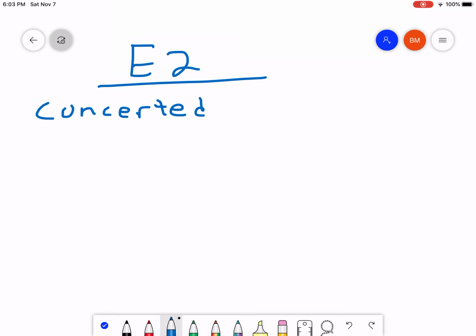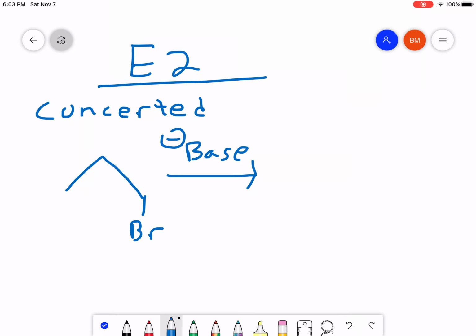Here's how it works. You have an alkyl halide, and we'll use a simple one like this. And you add a base. For right now, I'm going to leave it as a generic base, but we'll talk in a little bit about the types of bases that can be used.